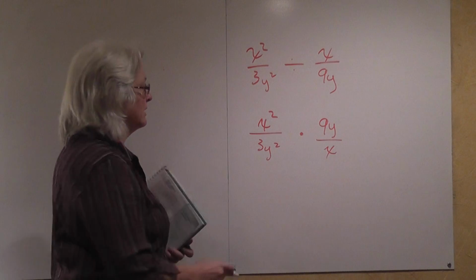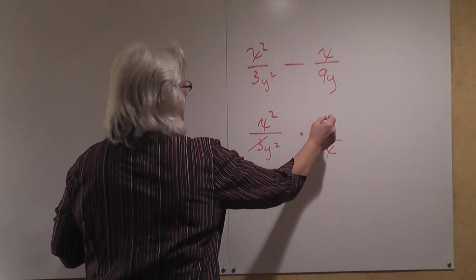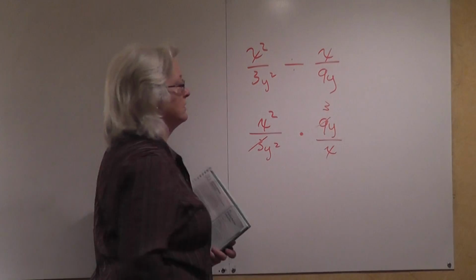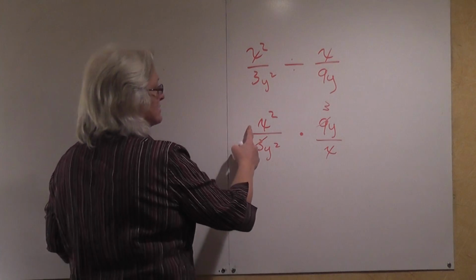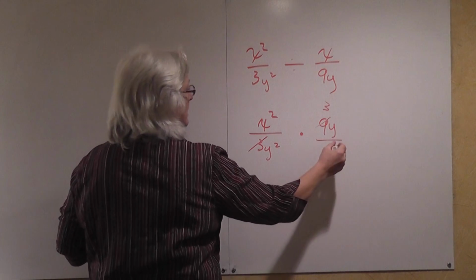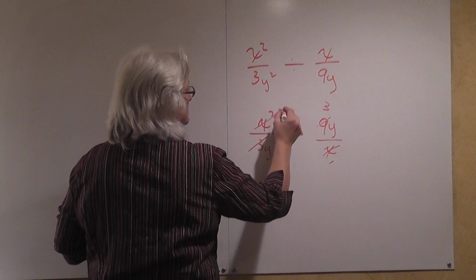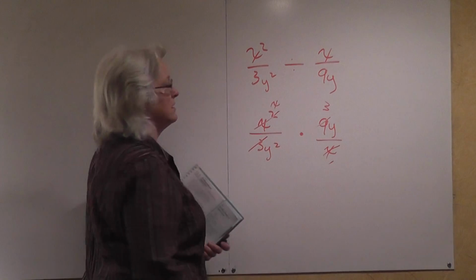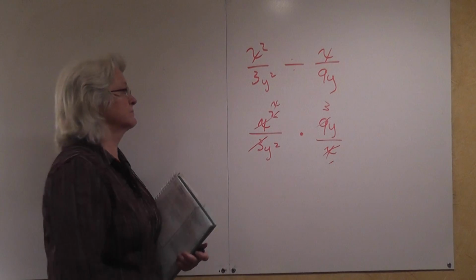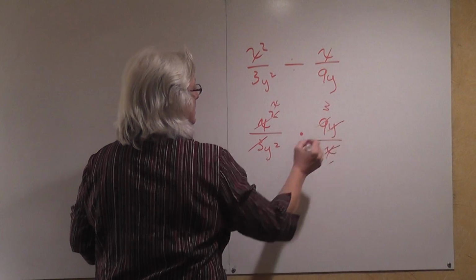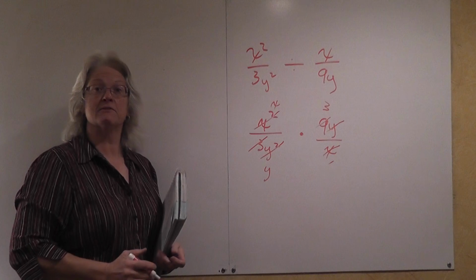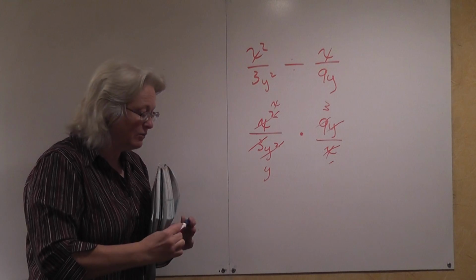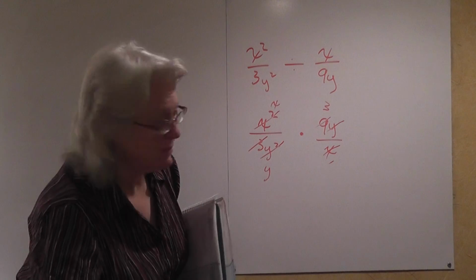What do we have that we can cancel? We have 3's. 9 divided by 3 is 3. We have x squared divided by x. It's going to give us a factor of x remaining in the numerator. y divided by y squared gives us a factor of y remaining in the denominator.